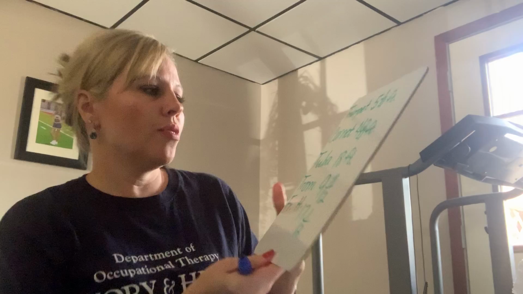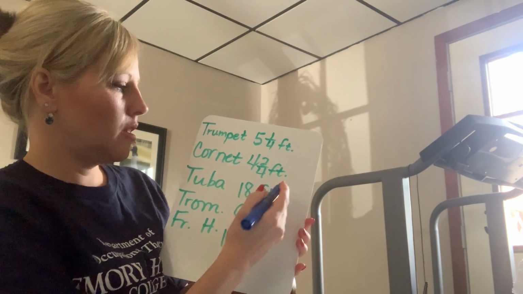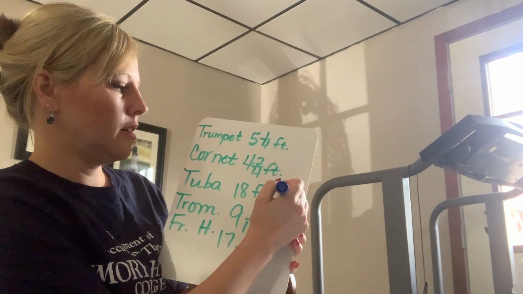So they want us to order these from the lowest pitch to the highest pitch. Remember, that would be ordering them from the greatest length to the least. Okay, so the largest would be what? Tuba.